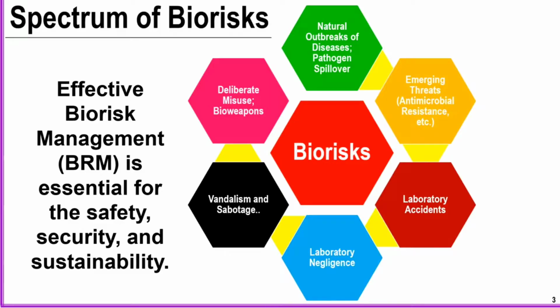And globally, 2.7 million people die because of zoonotic diseases every year. These statistics are good enough to convince you that natural outbreaks of diseases or spillover of pathogens should be addressed effectively to reduce biological risks.